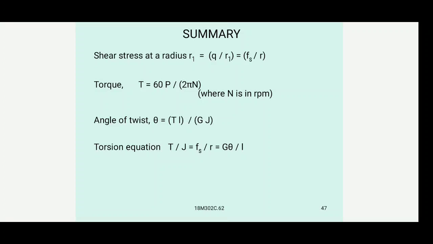Angle of twist theta is equal to T into L by GJ. So the torsion equation is T by J is equal to Fs by R, that is equal to G theta by L. We solved the problems in torsion of shaft. Okay, thank you.